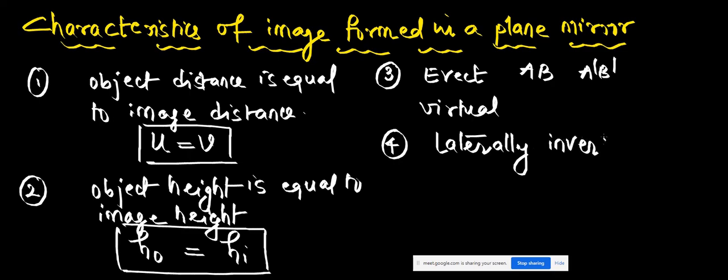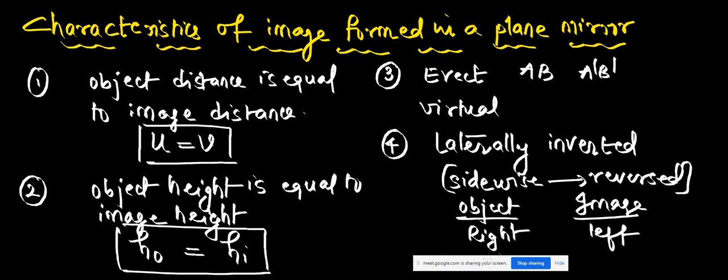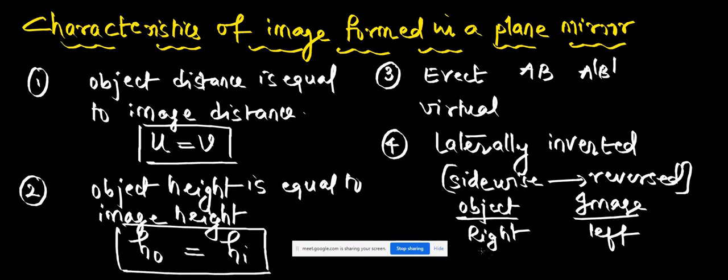Means left appearing as right and right appearing as left. Laterally inverted in the sense sidewise reversed. That means left becomes right, right becomes left. If I take the object point of view and the image point of view, the object's right side becomes the image's left side, and the object's left side becomes the image's right side.